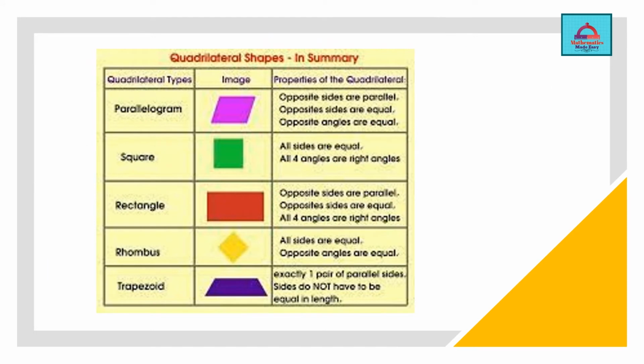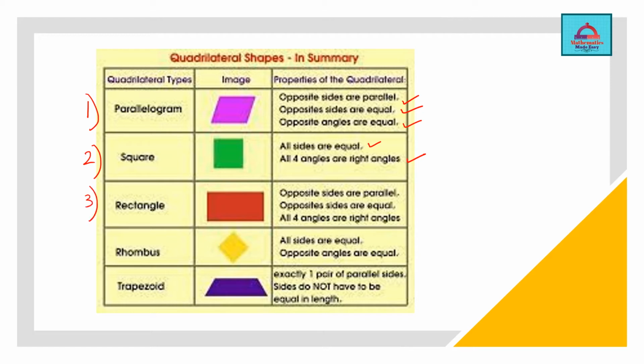Here I have given you a list of properties of the quadrilaterals so that you don't get confused. When it's a parallelogram, it has opposite sides parallel, opposite sides equal, and opposite angles are also equal. So these three properties are going to be true. If it is a square, all angles are 90 degrees and all sides are equal.